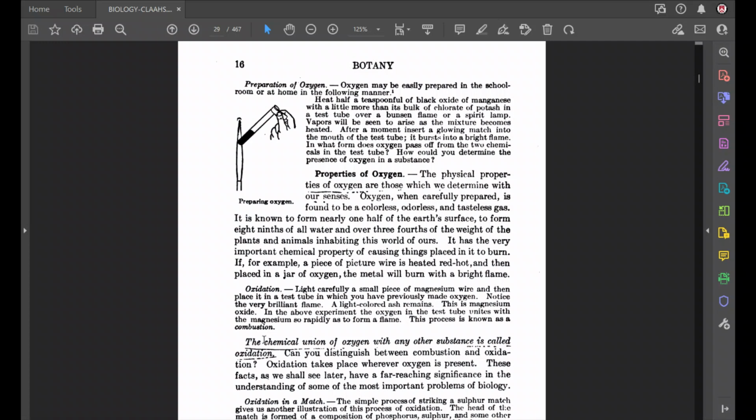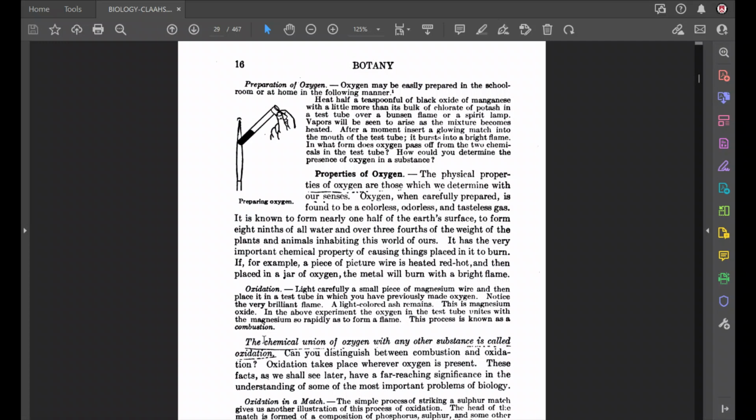Here's how. It has the very important chemical property of causing things placed in it to burn. So the important chemical property of oxygen is that it causes things to burn. That's how we can know that it's present, even though it's invisible.